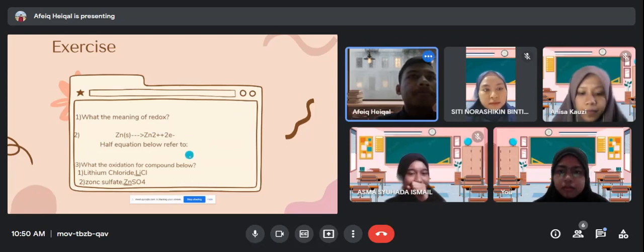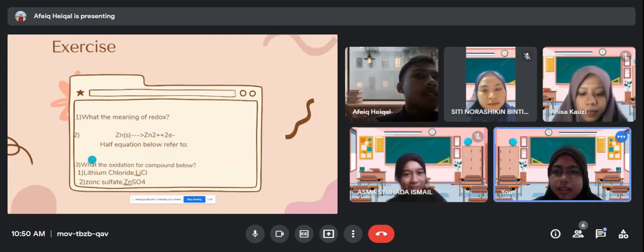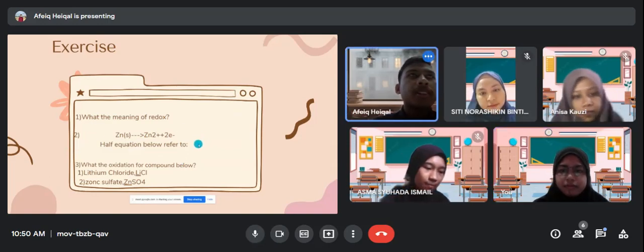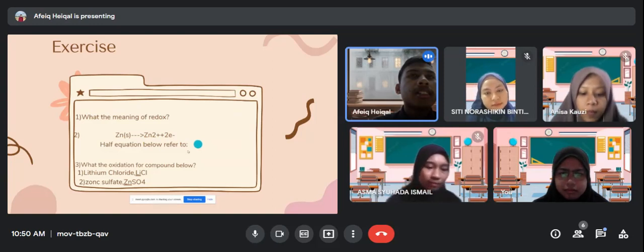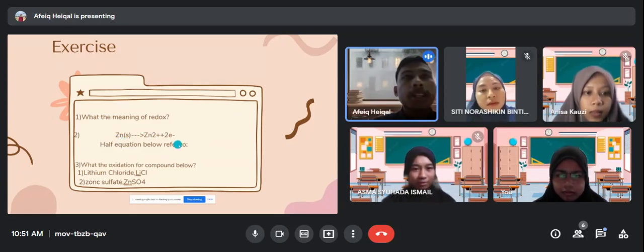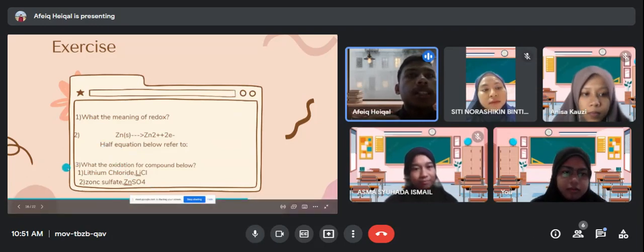For the second question, who wants to volunteer? Maybe Dian. Yes, sir, I think oxidation reaction. Yes, that's true. This is the oxidation reaction because in this reaction zinc donated the electron and lost the electron, so it is recognized as an oxidation reaction.